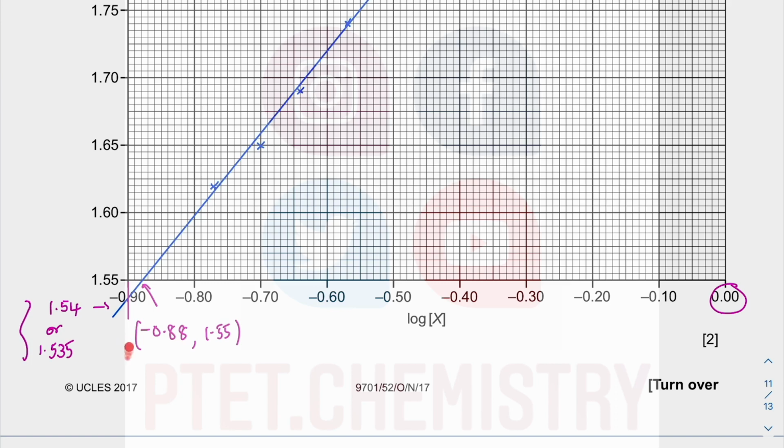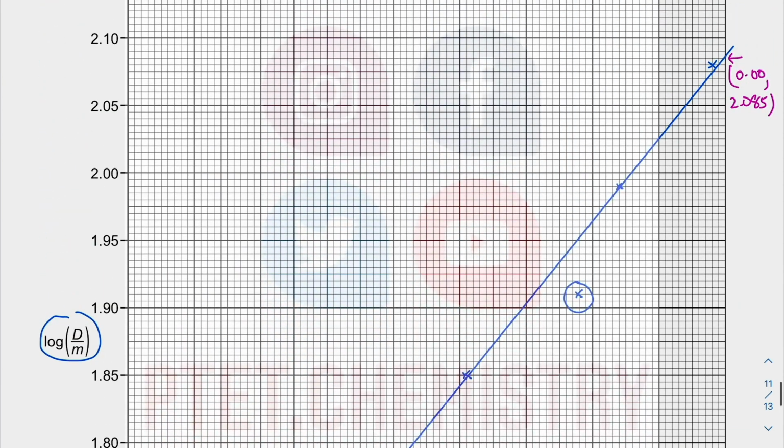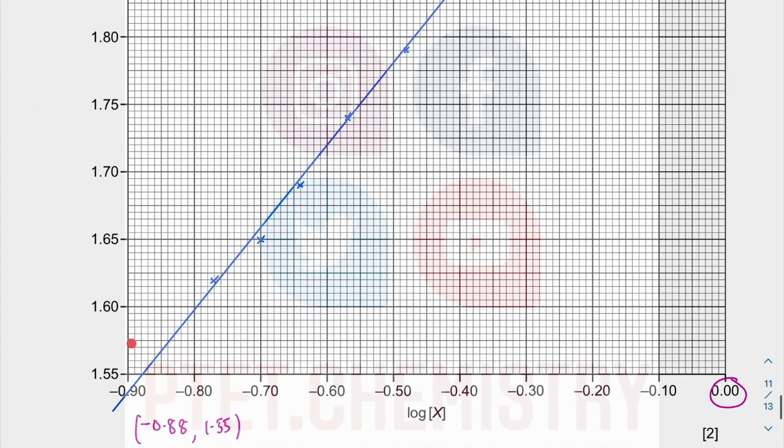And of course, your x-axis would be... No. I am totally incorrect. You know why? Because that is not the y-intercept. I beg your pardon. The y-intercept is where you cut the y-axis, where x equal to 0. You see, it's really confusing, right?